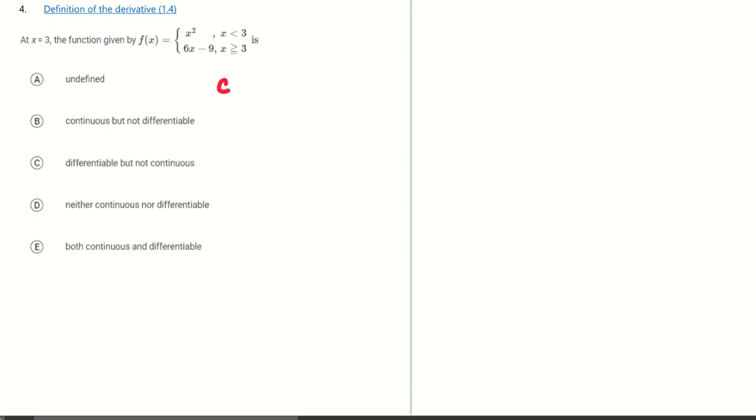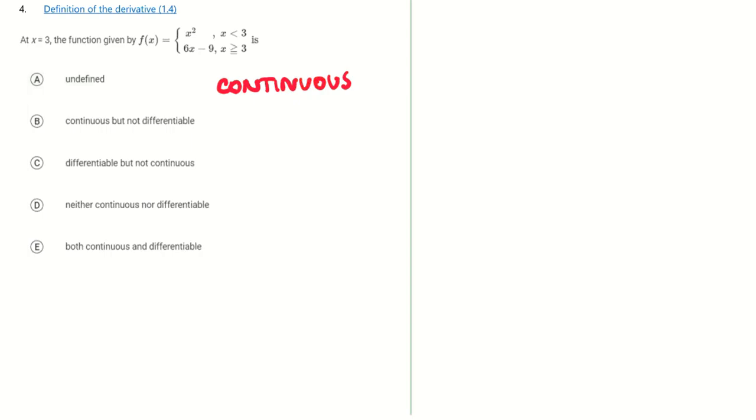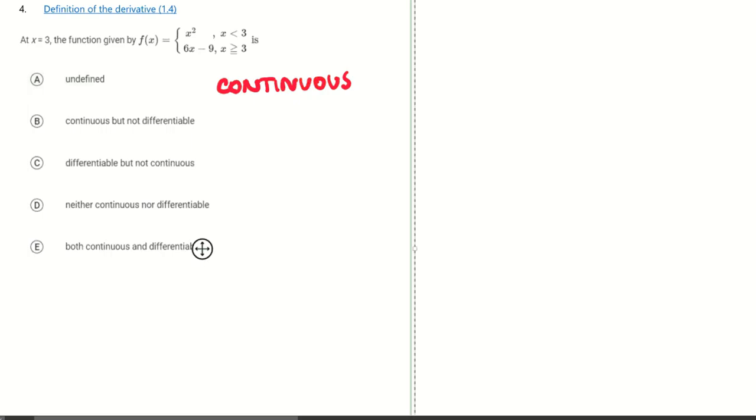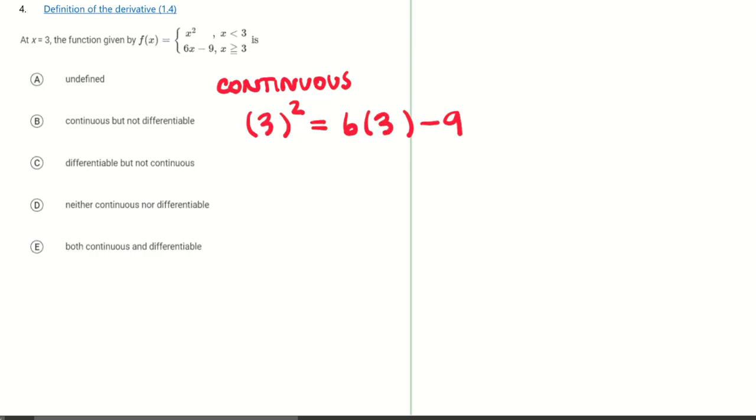In order to check if it's continuous, I'm going to check is the piece from the left the same as the piece from the right at the x value that they're sharing. So is x squared equal to 6x minus 9 where x equals 3? I've got 9 equals 18 minus 9. Yes, so it is continuous.